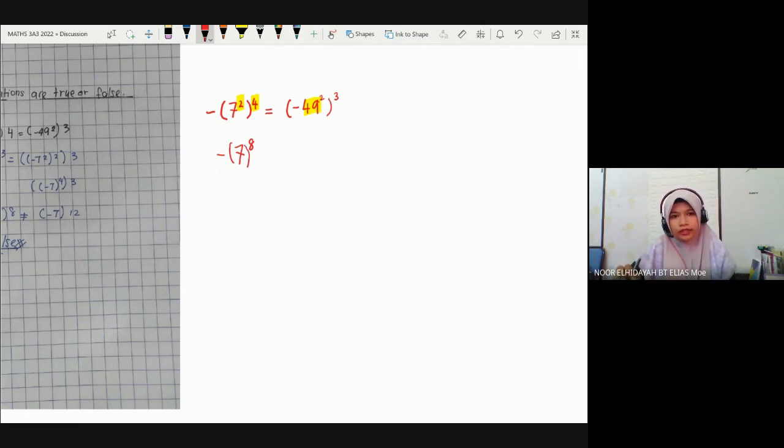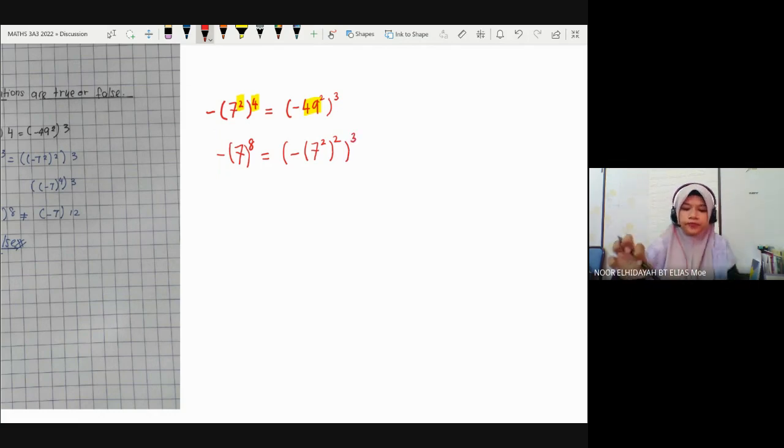Negative outside the bracket, 7 to the power of 8 is equals to, this one, negative 49 is negative 7 to the power of 2, to the power of 2. 7 to the power of 2 for the 49, and then to the power of 2 for the original question. And then to the power of 3.